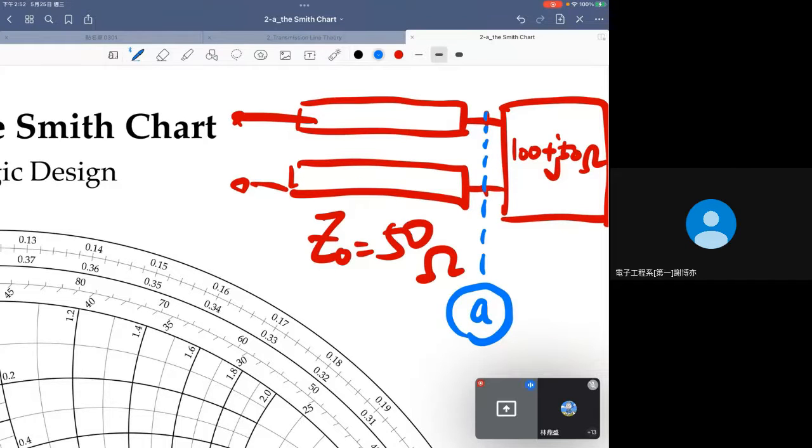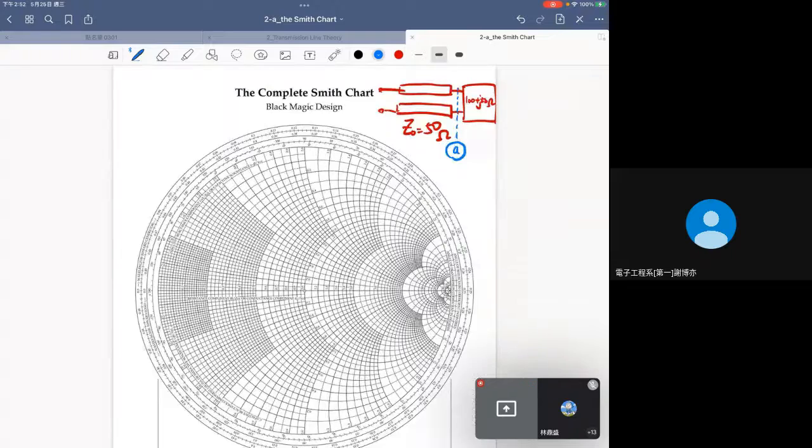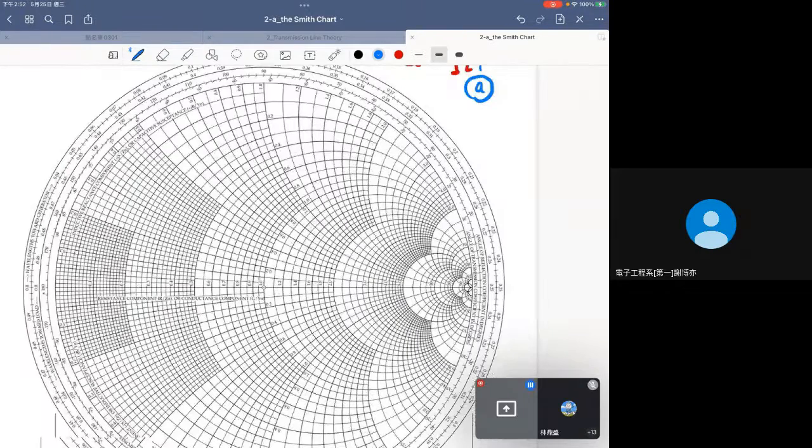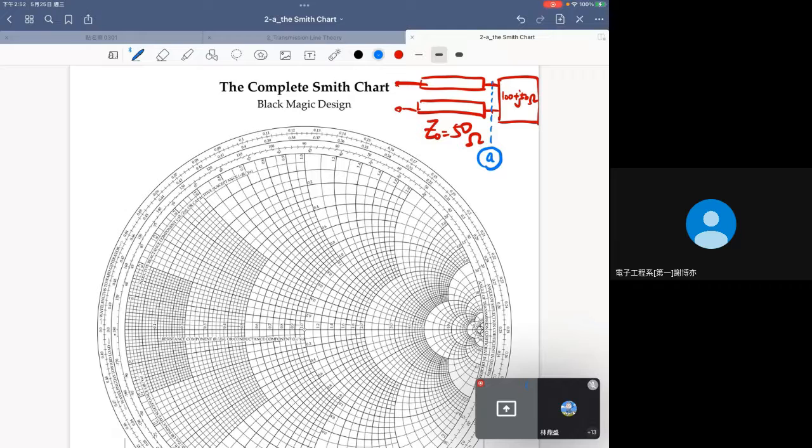Just give me point A. Use your Smith chart to find point A, which is Zin at 0.